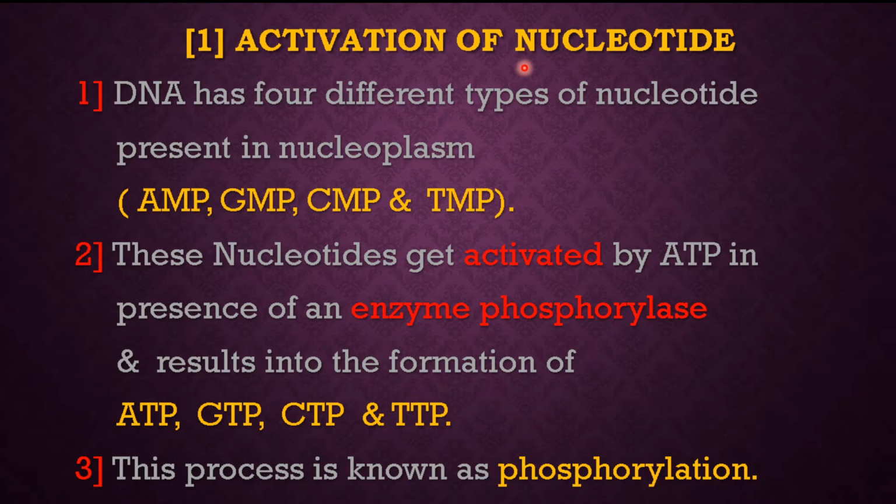So initially, at the starting of replication, what happens? DNA has 4 different types of nucleotide: adenine, guanine, cytosine and thymine.